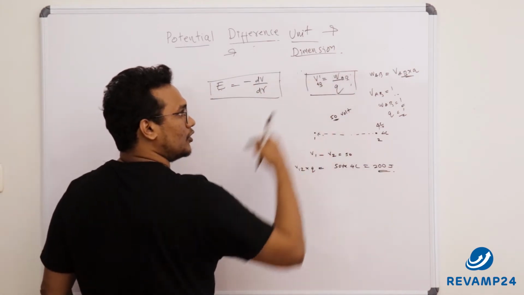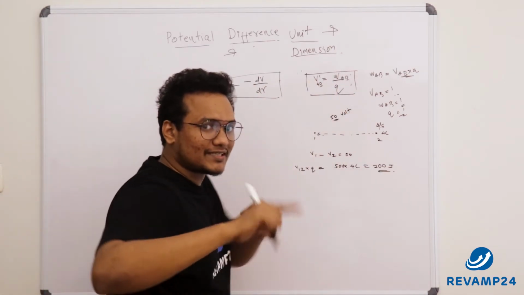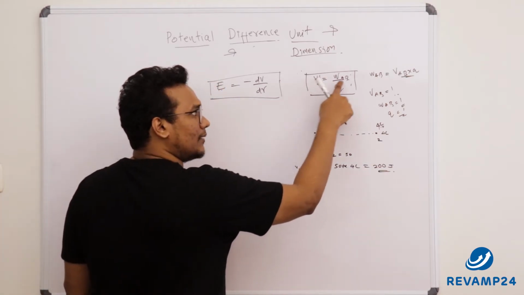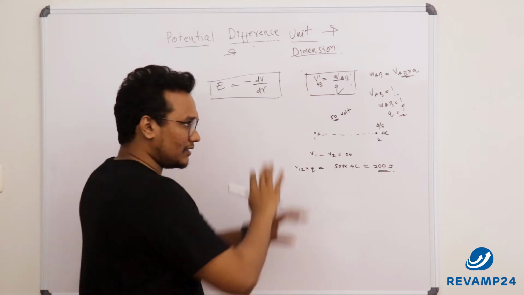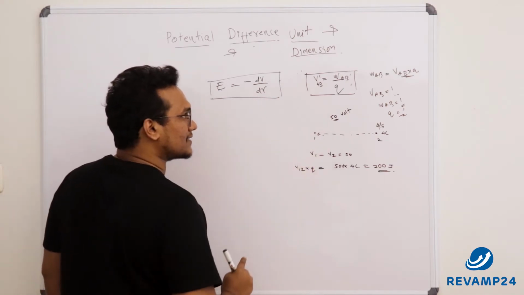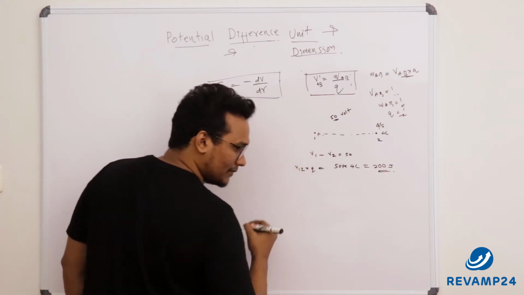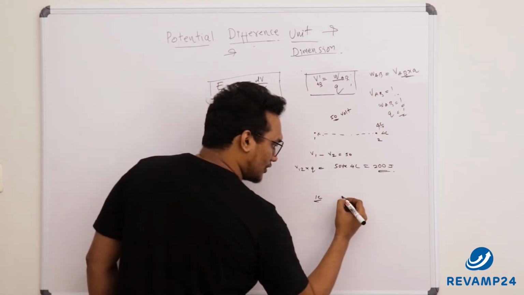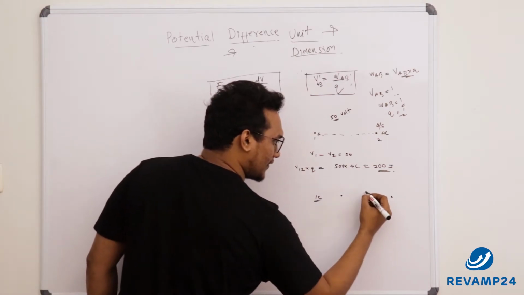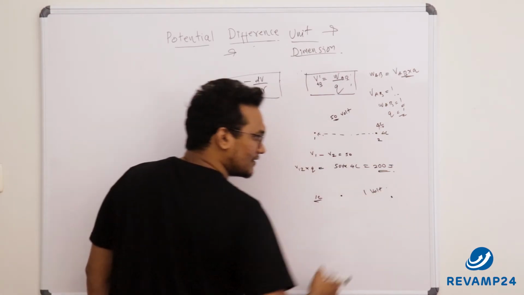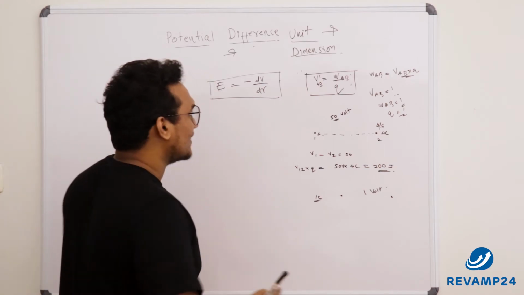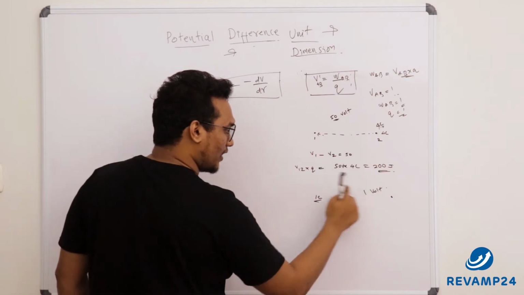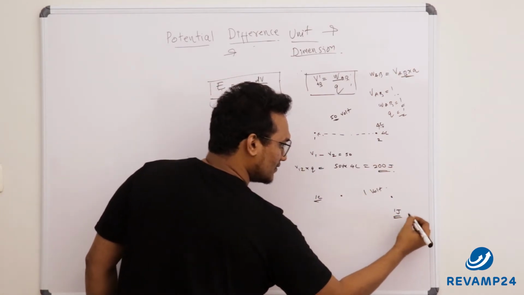So this can be defined in a different way. When VAB is 1, WAB is 1, Q is 1, it means that whenever I take a charge of 1 coulomb between 2 points having a potential difference of 1 volt, the total work done is potential difference into charge, 1 into 1, which is 1 joule.